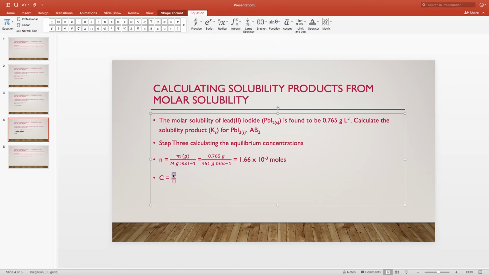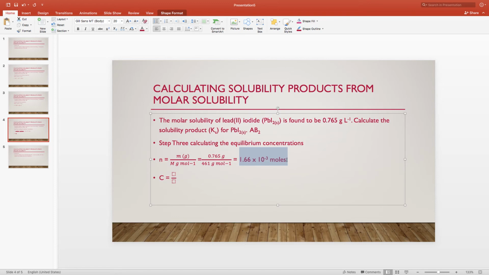So this is just going to be 1.66 times 10 to the negative 3 moles over 1 liter, and so its concentration is simply 1.66 times 10 to the negative 3 moles liters to the negative 1.